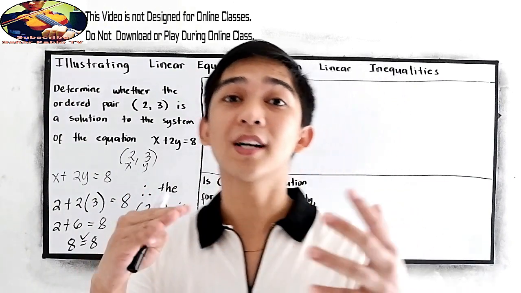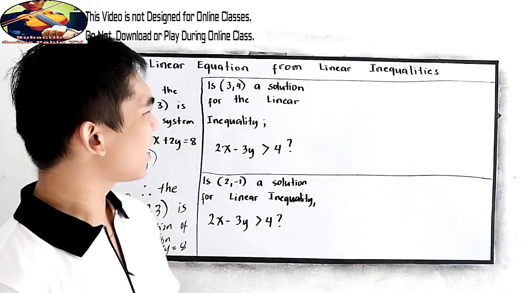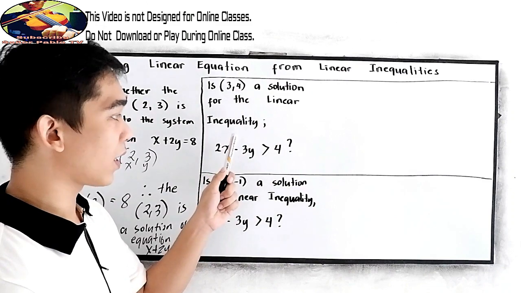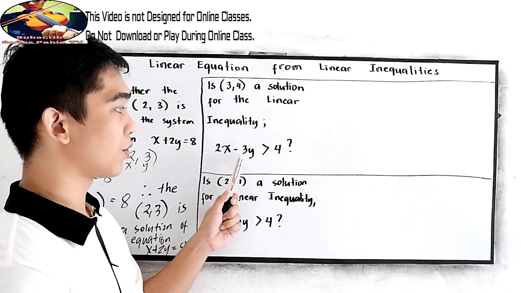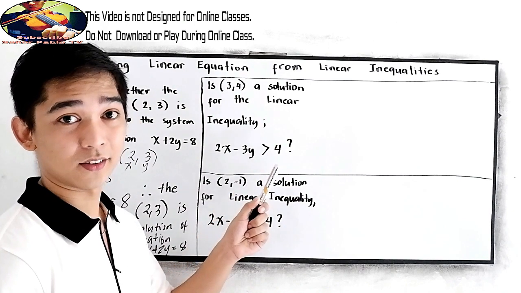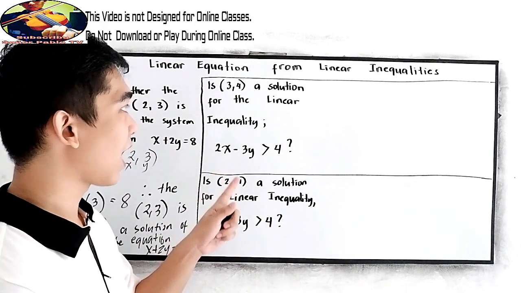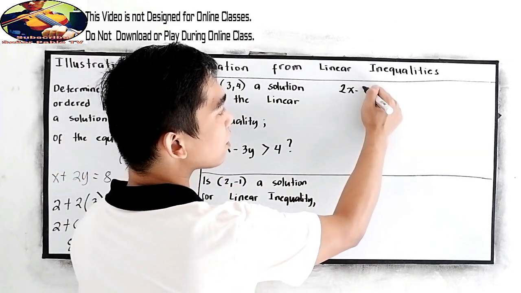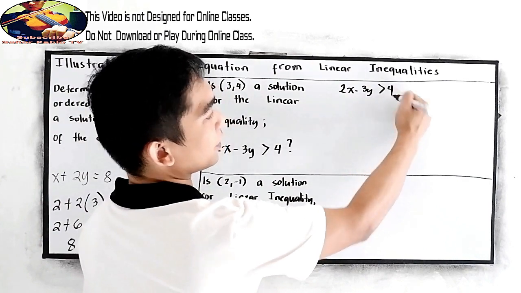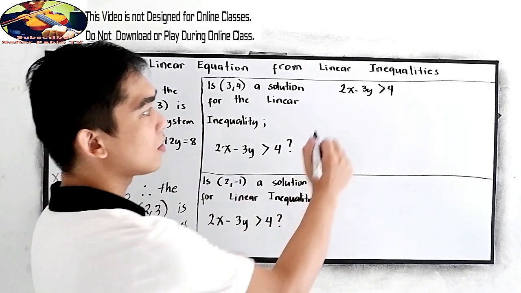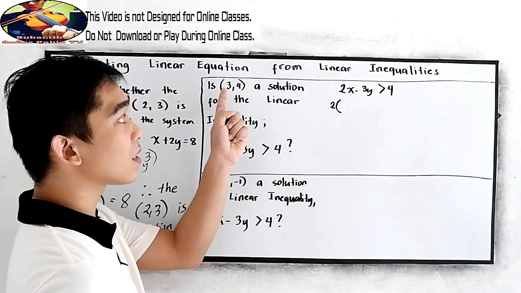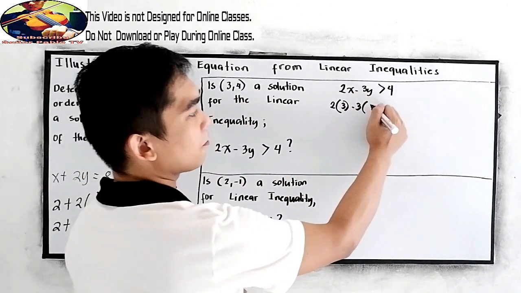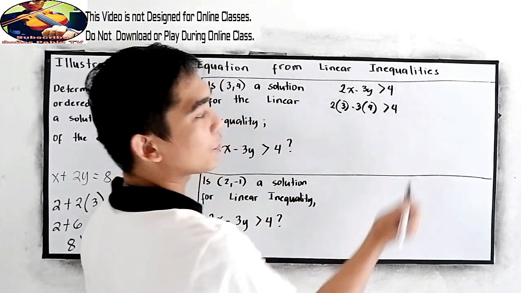Now, the same case in our linear inequality. Let's say we have this problem. Is 3, 4 a solution for the linear inequality 2x minus 3y greater than 4? Same case, copy 2x minus 3y is greater than 4. Now, substitute 2 times our x is 3, minus 3 times our y is 4, greater than 4.